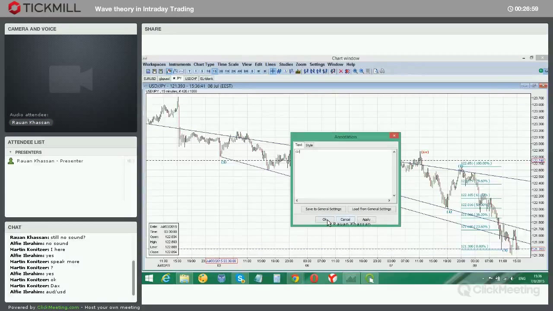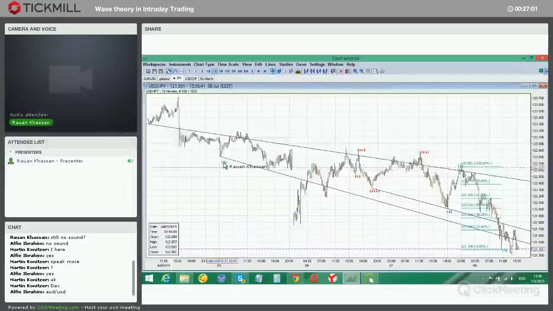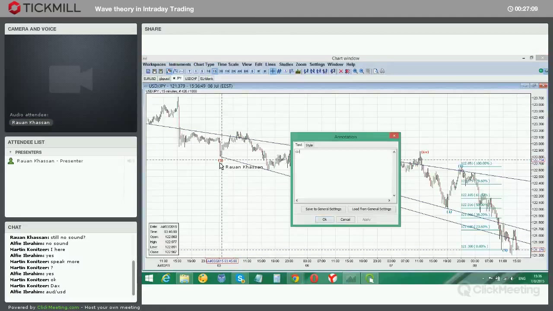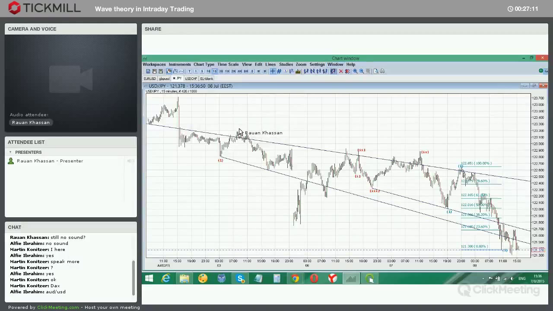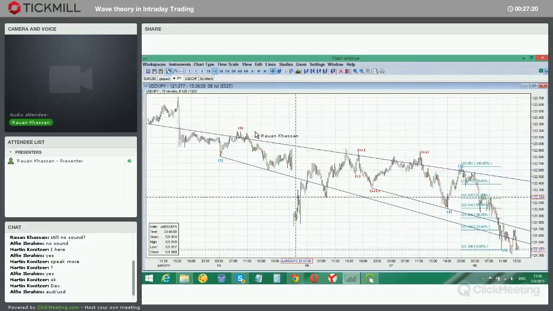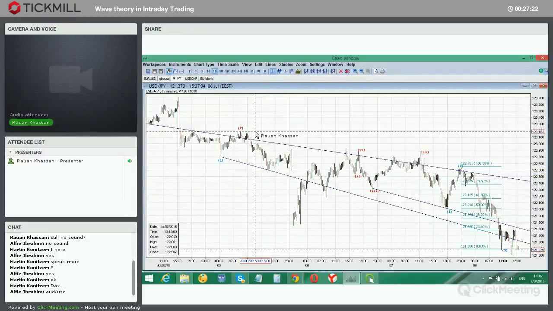I point it out like this. The correction is rather simple and basic. The correction finishes at point 123.18.